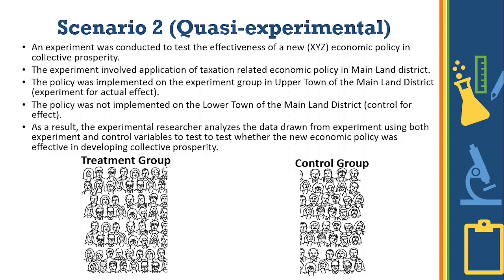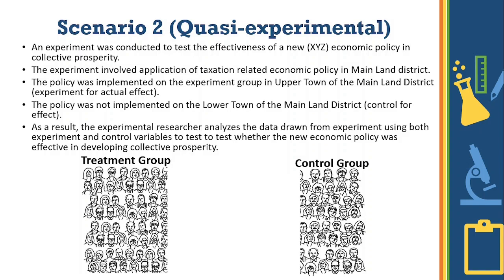So people living in lower town of the mainland district are like the people in the control group in scenario one who only receive placebo medication, and in this case, they're receiving no policy, or the policy is not implemented in their city, in their town. So that policy not being implemented is like they're receiving a placebo medication, just for the sake of analogy there.